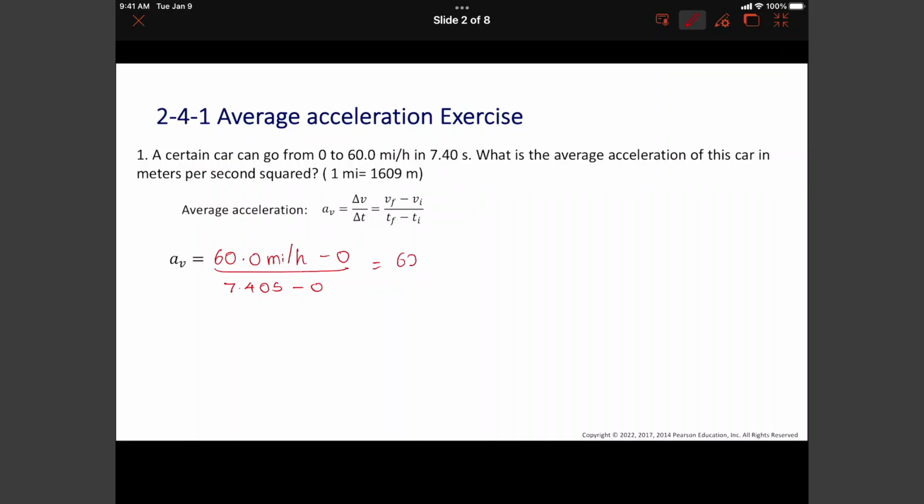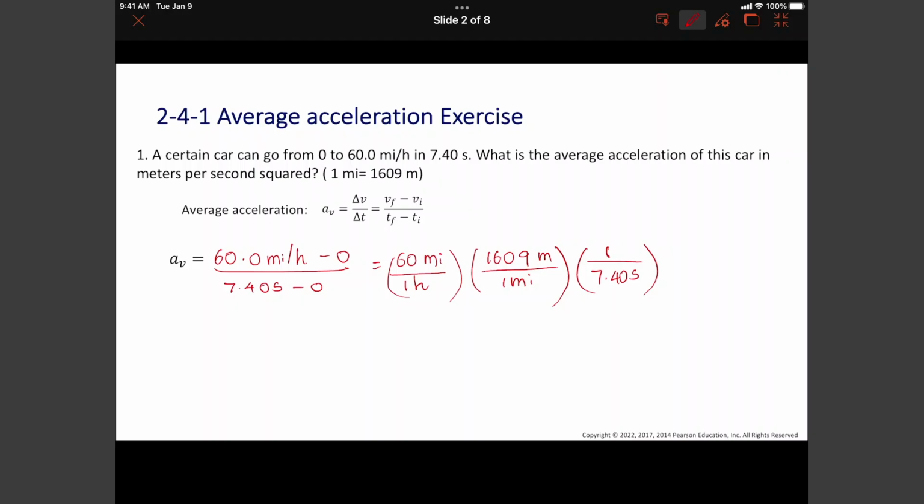So 60 miles per hour means over 1 hour, and we have to convert this into meters, and we know that 1 mile is equal to 1609 meters. So we multiply by 1609 meters over 1 mile, written such a way that the miles get cancelled. And now we have another term, 1 over 7.40 seconds.